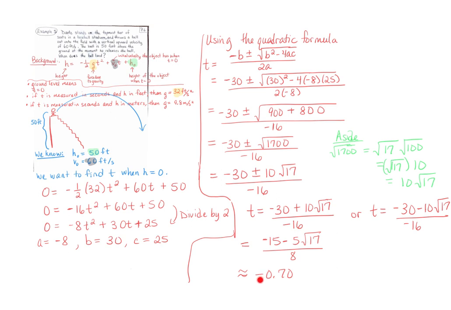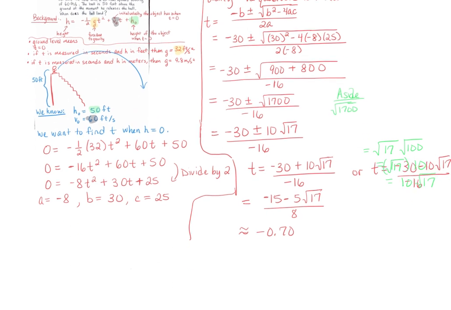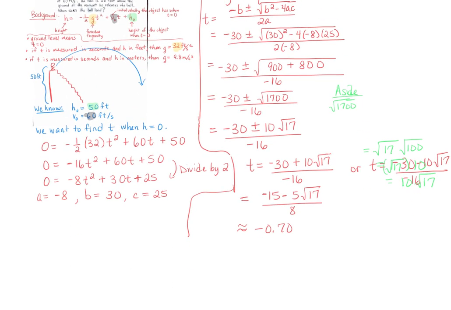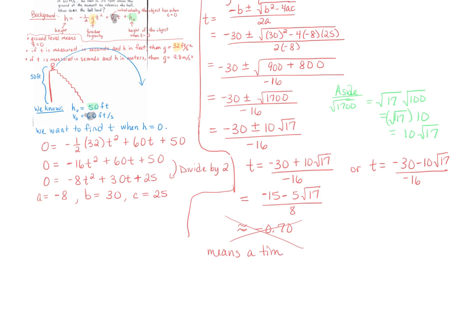If we get a negative 0.70, that means that we have a time before the ball was actually thrown, which doesn't make sense. So we reject this one because this means a time before the ball was thrown.